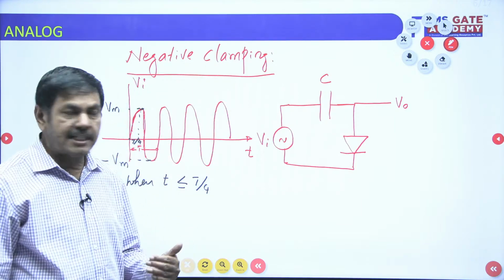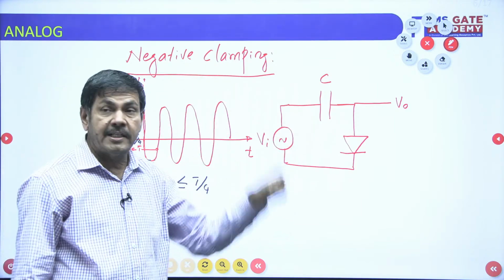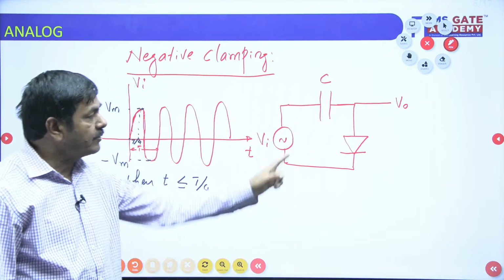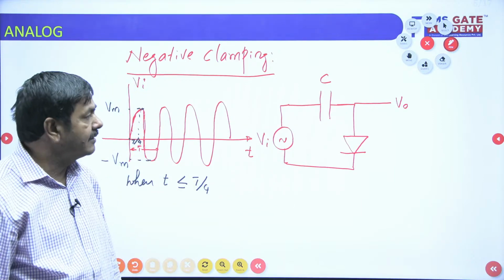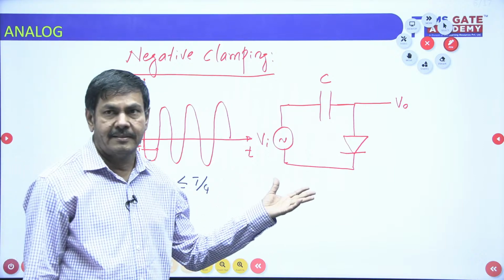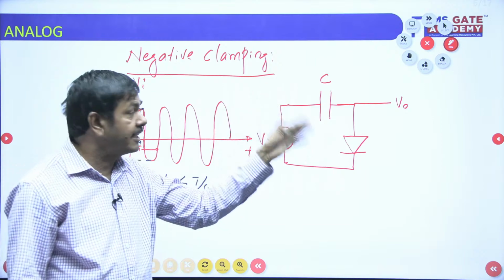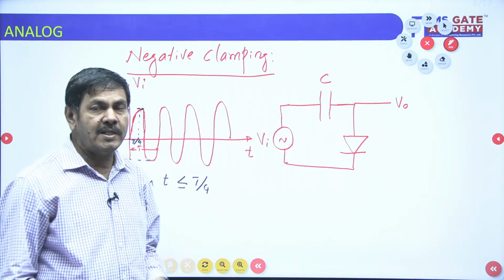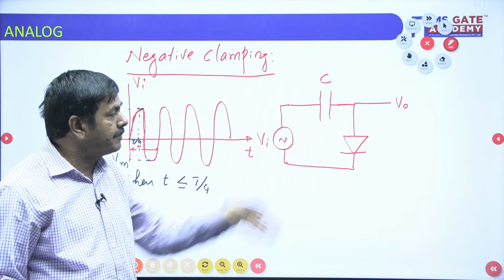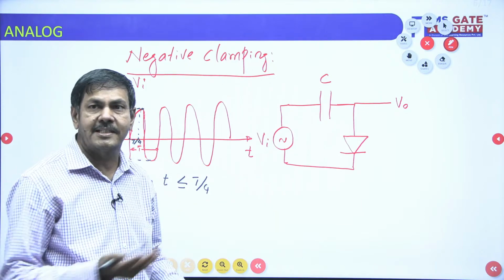When input voltage is increasing, is the diode forward biased or reverse biased? Try to identify. Here, the diode is forward biased. The reason is input voltage is increasing. When it is increasing, the diode will be forward biased. Once the diode is forward biased, it must be replaced by a short circuit because it is an ideal diode.